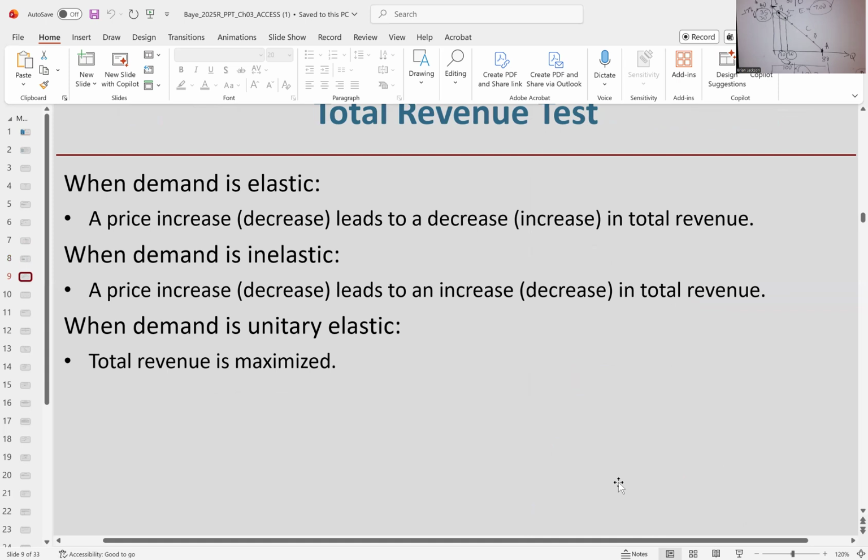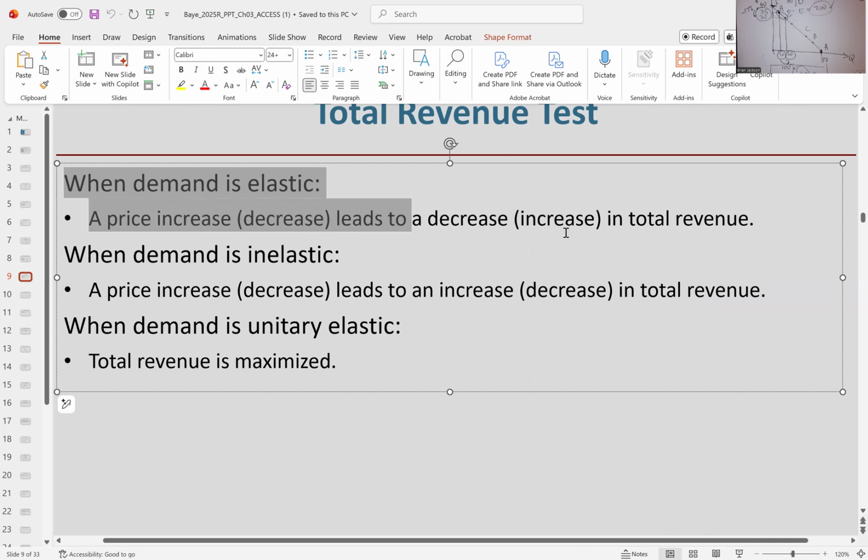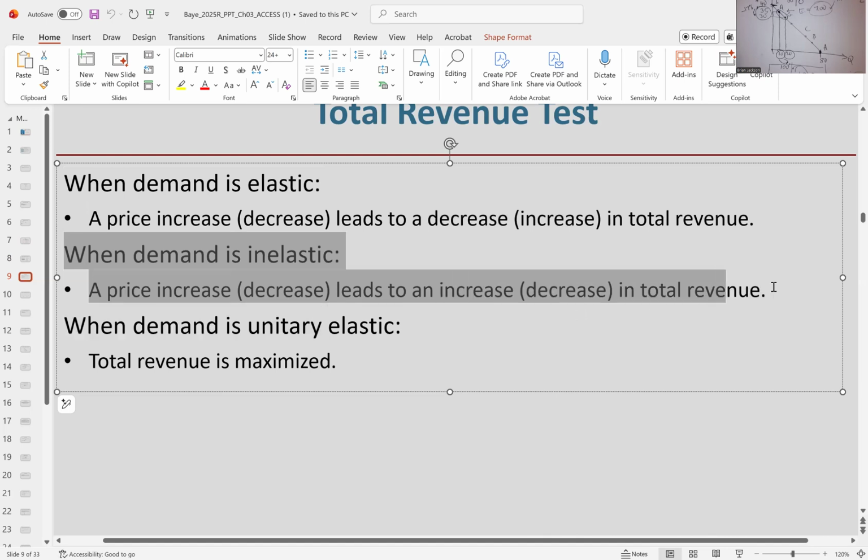Okay, so another thing I mentioned, and again I'm just trying to do a summary here tonight, you should recognize this from your principles level course: when you have an elastic good, price and quantity demanded move in opposite directions. When you have an inelastic good, price and quantity demanded move in the same direction.